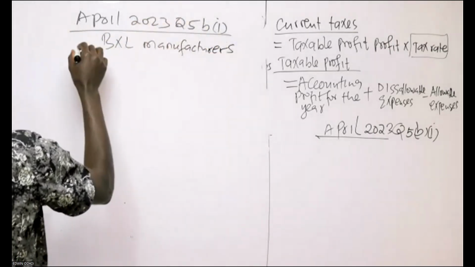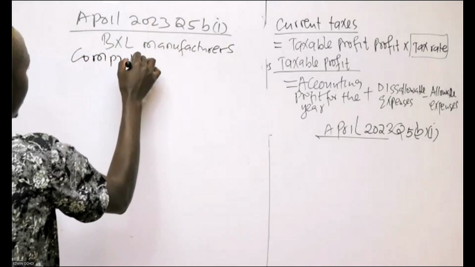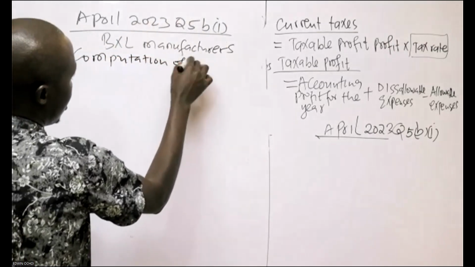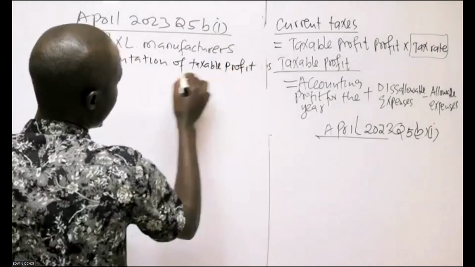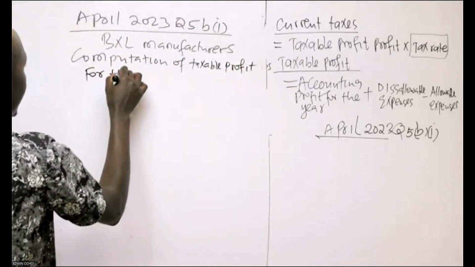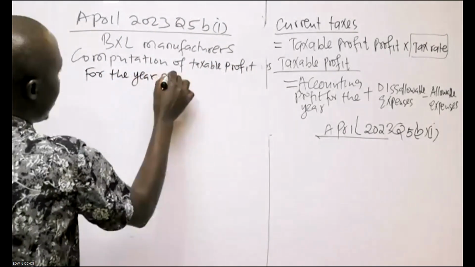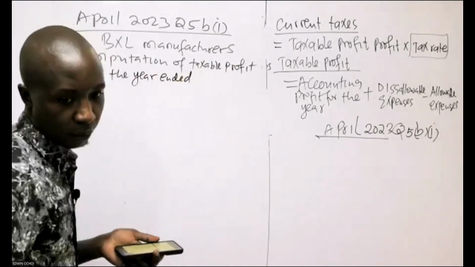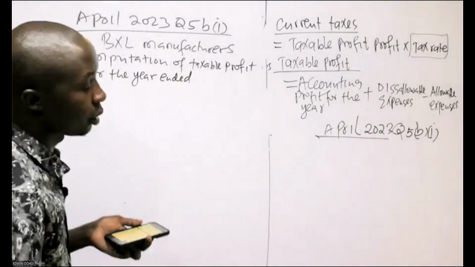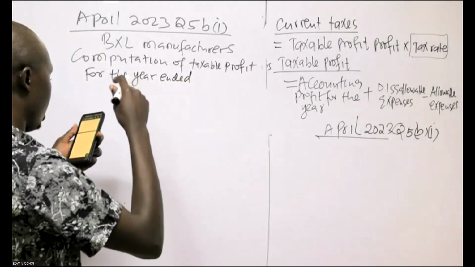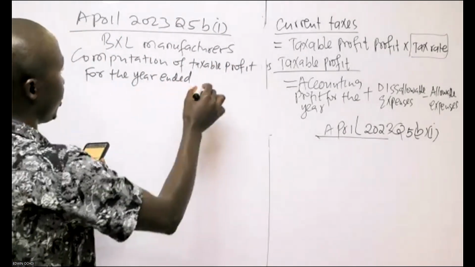So computation of taxable profits for the year. For the year ended when? Our financial year was ending on 30th June.